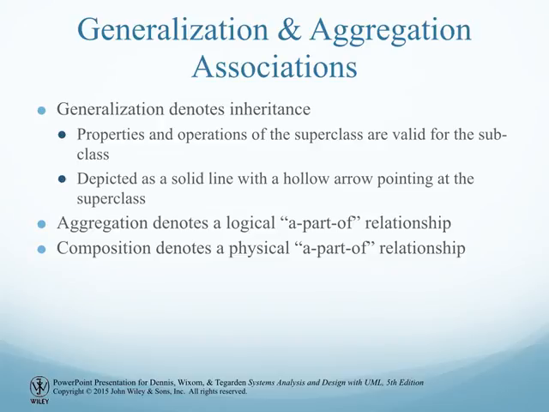The department contains a list or an array of employees, and they're easy to add and remove. If you do remove all of them or add a bunch in, it's not going to change the department. The department will have more people in it, but it doesn't functionally change what the department is or does. And that's the logical relationship. Composition, on the other hand, is a physical part of relationship, one that you can't just simply add and remove.